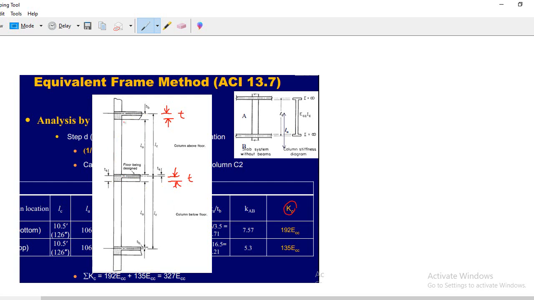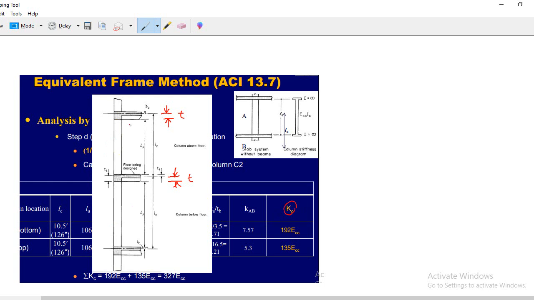But if, let's say, this is my top story, and I am doing the calculation for Kc, then remember I have no top column, I have only the bottom column. Clear? So if the heights of the floors are similar, as in this case the height is constant, the Kc value which is calculated for this bottom column will remain the same for this column as well.